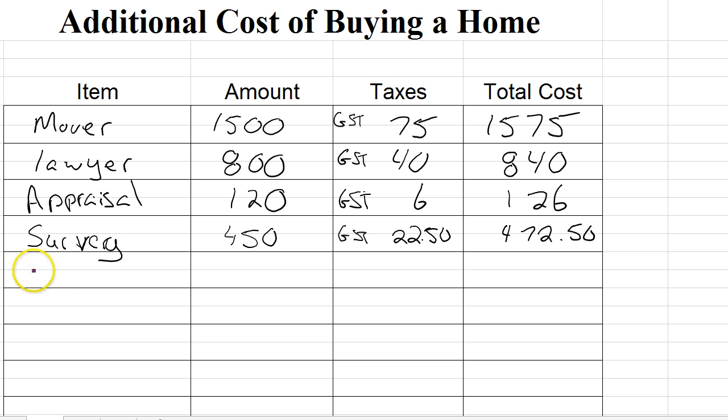We next have some interest adjustment. Now the interest adjustment is $440. There is no tax on that, so I'll just put a line through there. And the interest adjustment total is $440. Our next item is our taxes.